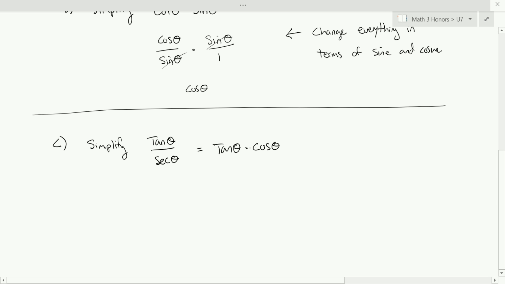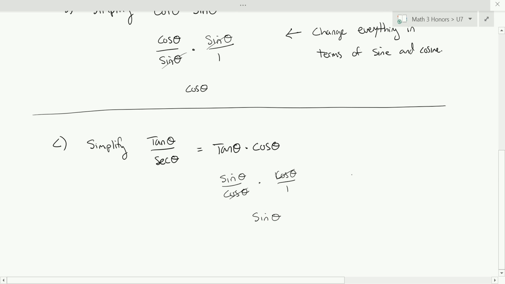And then once we're here, then we can use the second technique, change everything to terms of sine and cosine. And here, sorry, this is cosine. We don't want to get rid of our fractions, we just want to simplify. And so we end up with the sine of theta.